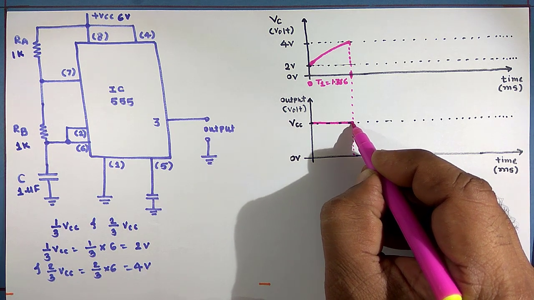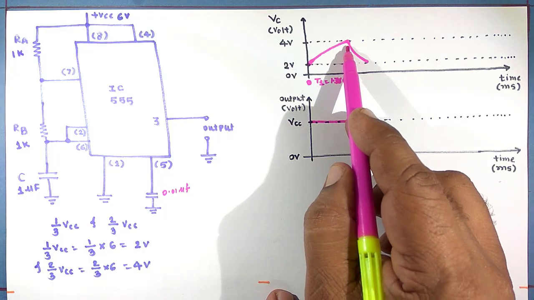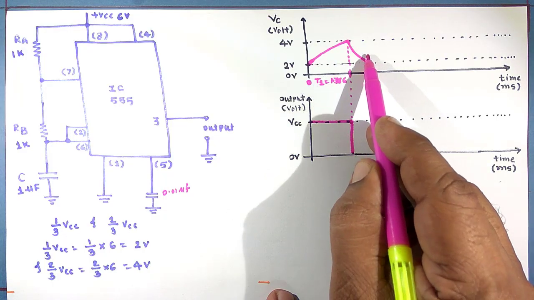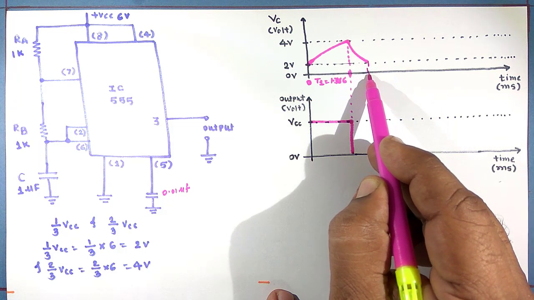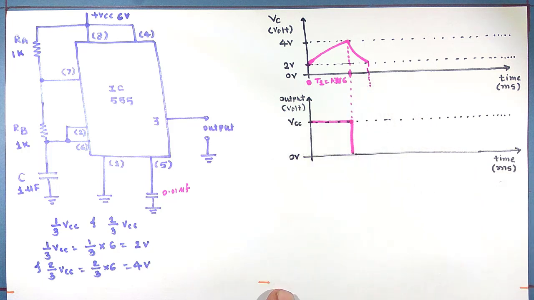When it becomes low, capacitor starts discharging. Time required to discharge the capacitor is the discharging time, that is T2, and it is 0.693 millisecond.